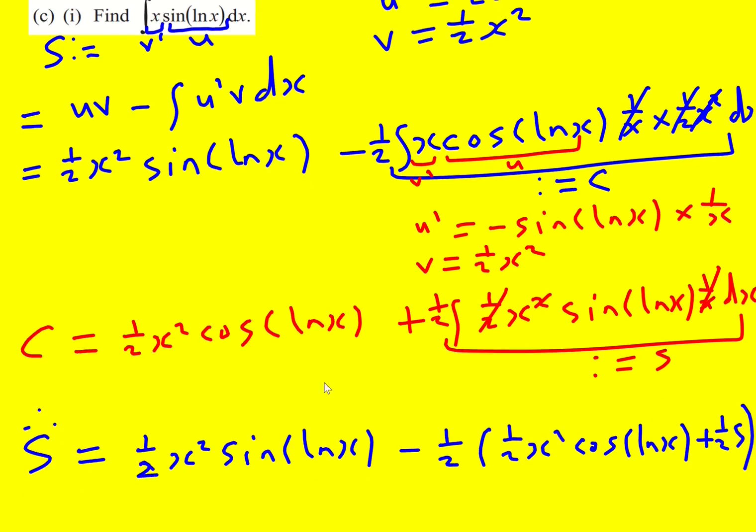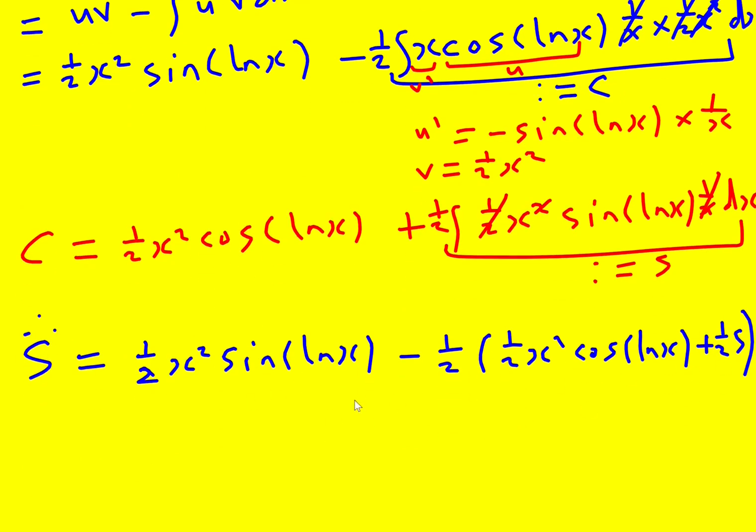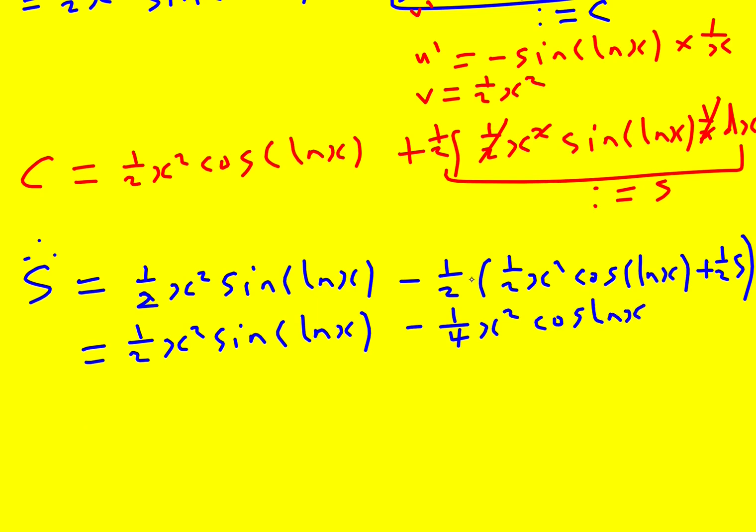It's really useful sometimes to just call integrals by letters, because otherwise it's going to be unnecessarily complicated. Right, this is going to become minus a quarter x squared cos ln x, and then I'm going to minus a quarter s.